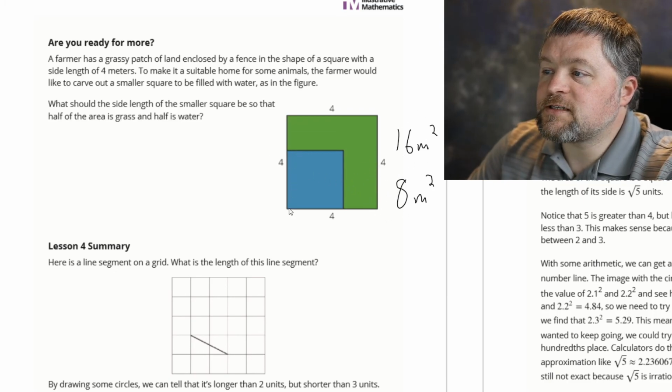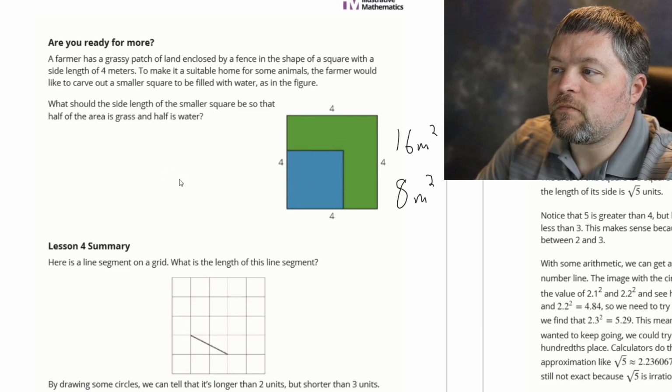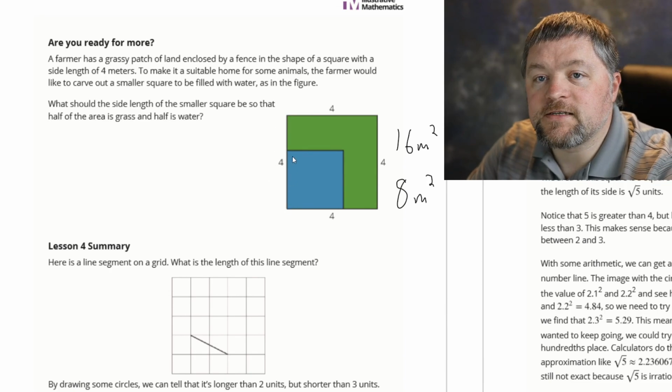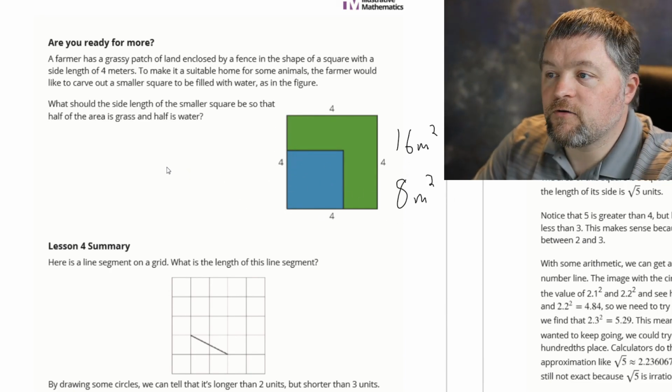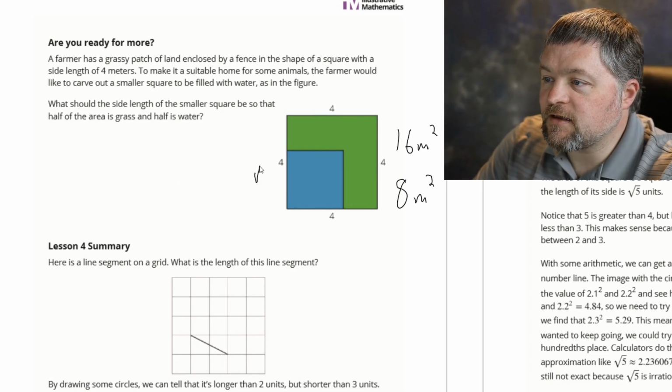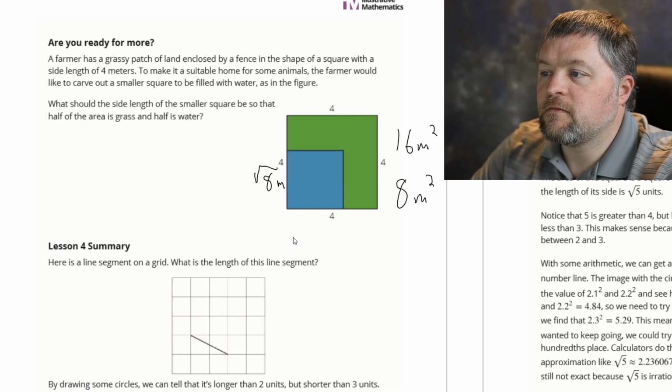So what side length do we want this to be? Well, how do we find the side length of a square? If we know its area, we take the square root of it. So we want that side length to be the square root of 8 meters.